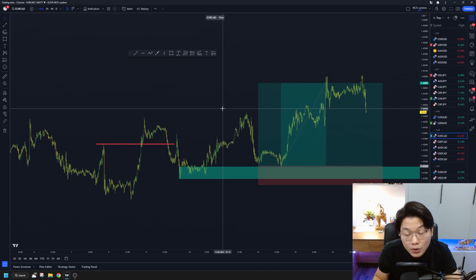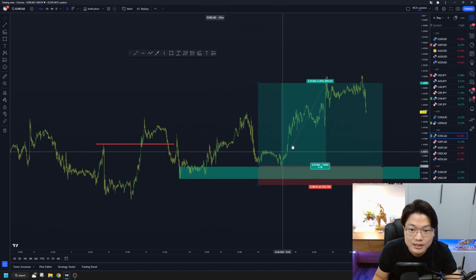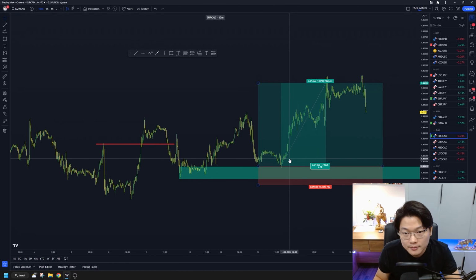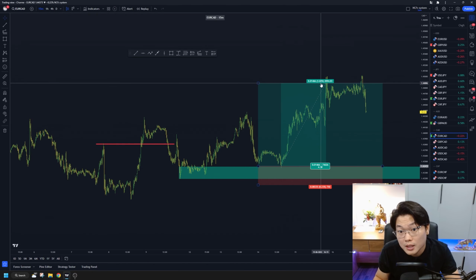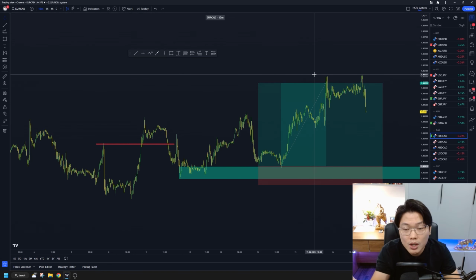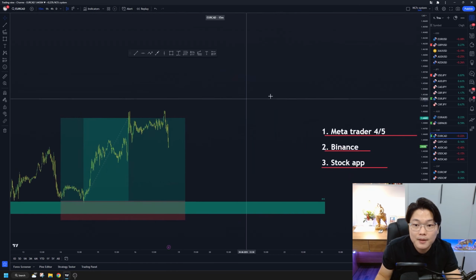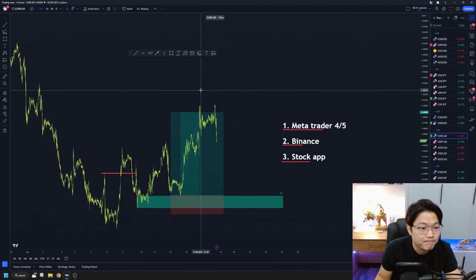Therefore, this time I'm looking for the long position, and you can see the momentum is very strong, and the market running from my entry point into the take profit level is very strong. And these strategies I have already taught in detail from level 1 to level 4 in the Udemy course. You can refer to it. So that is about TradingView.